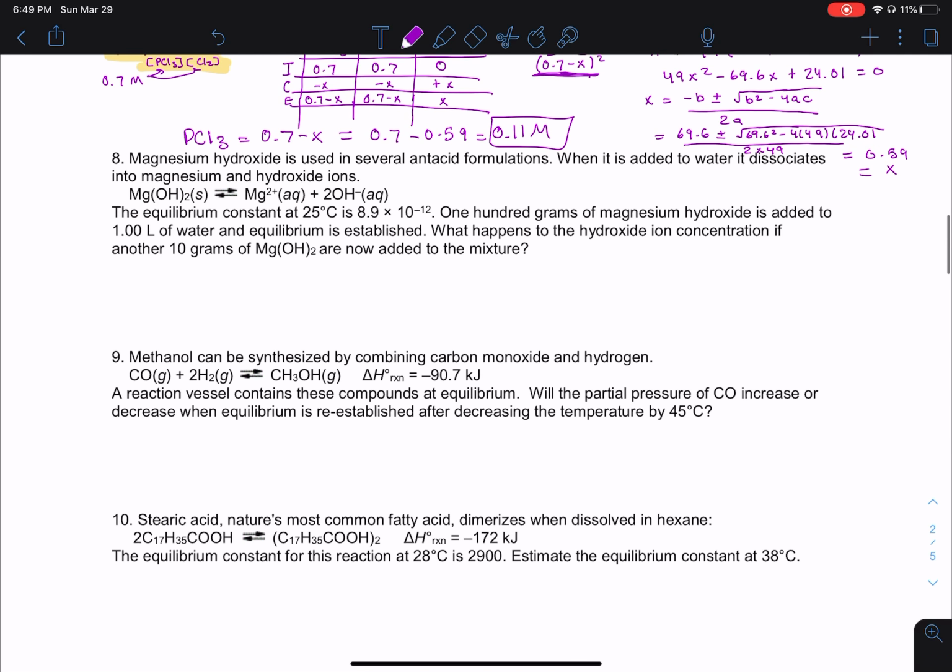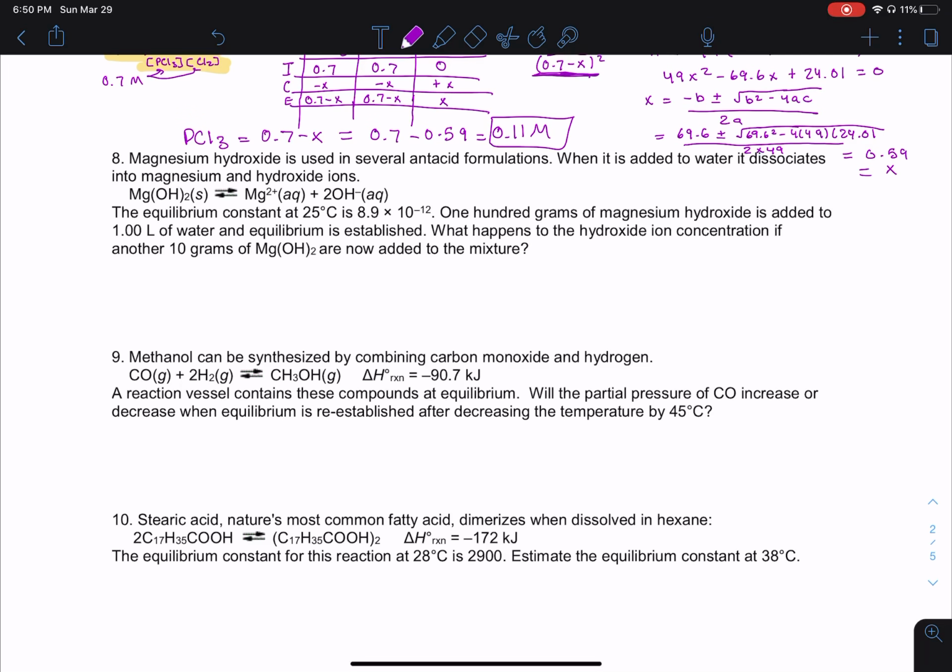Okay, moving on to number 8. Magnesium hydroxide. It is asking what happens to the hydroxide ion concentration if another 10 grams of magnesium hydroxide are now added to the mixture.